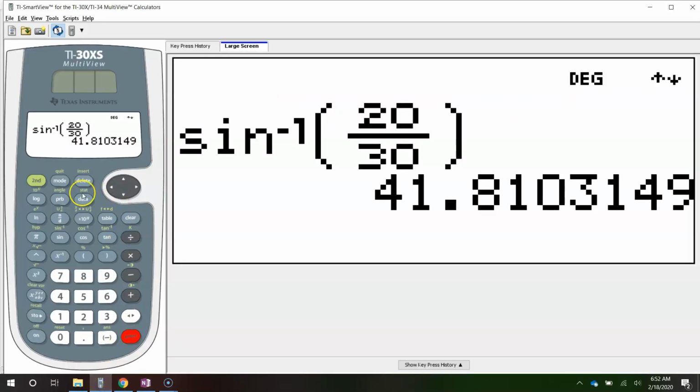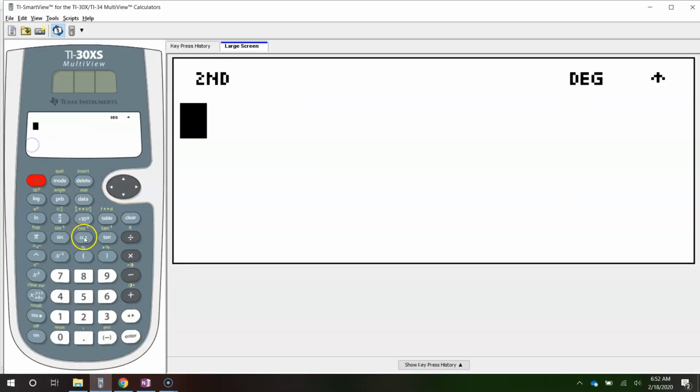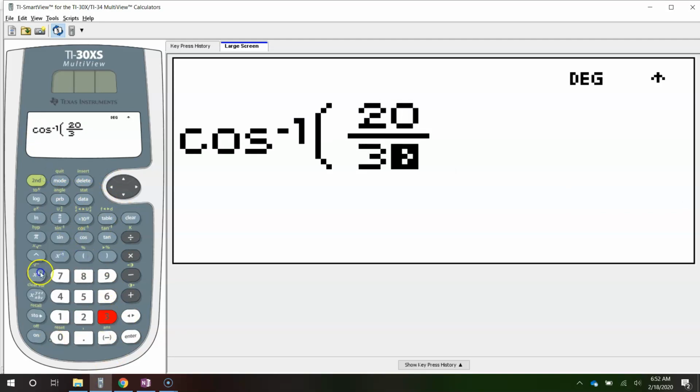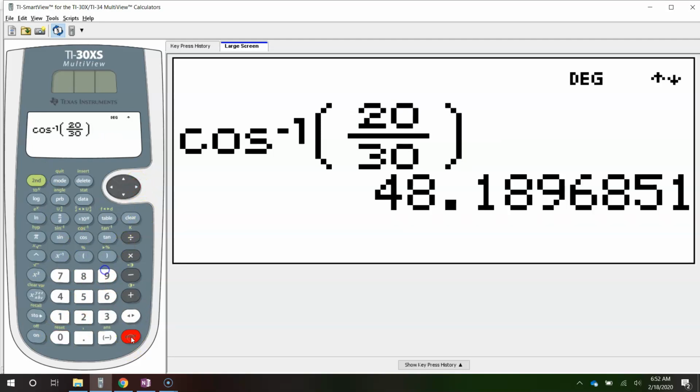So to the calculator, inverse cosine of 20 over 30. So that's 48.189. Well, we have to round up. So 89 rounds up to 90. So 48.190.